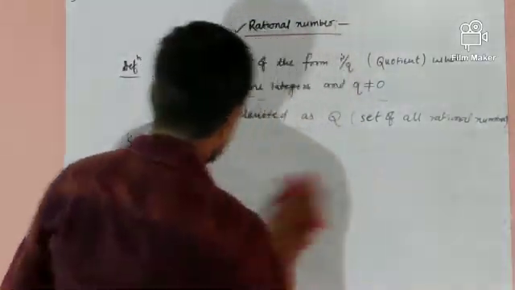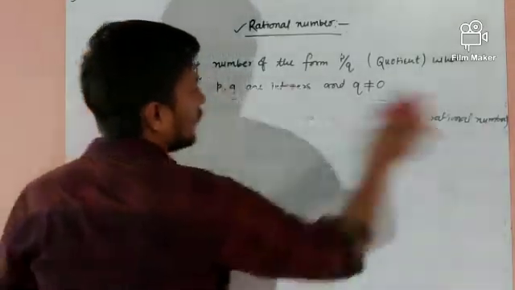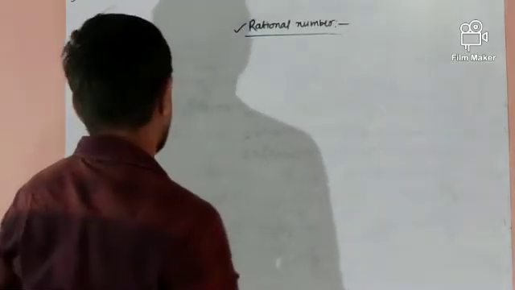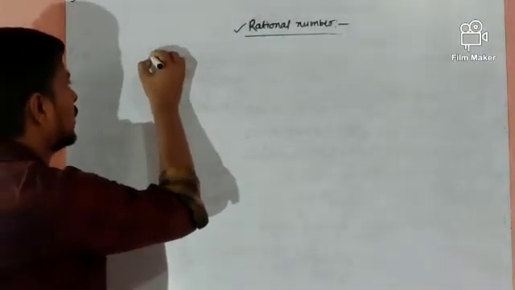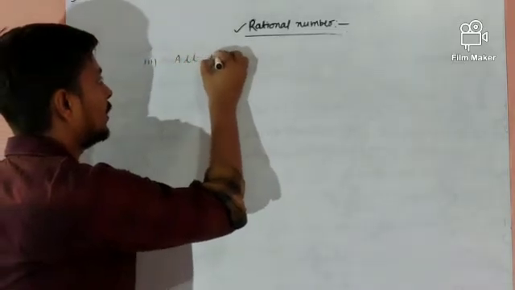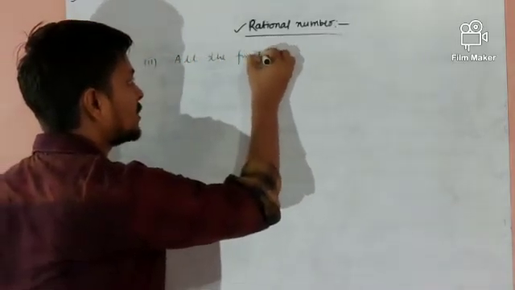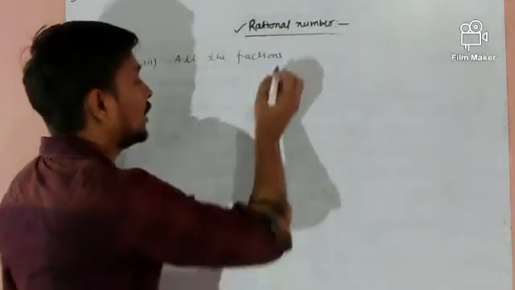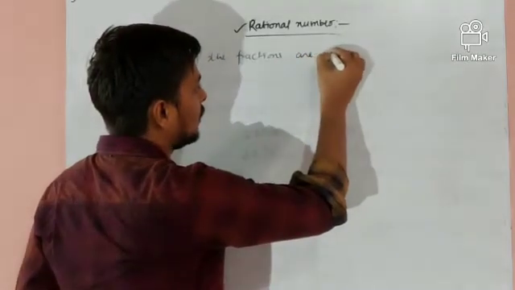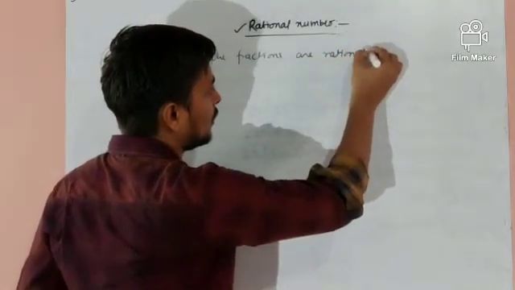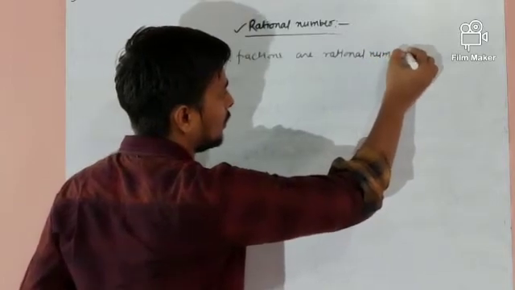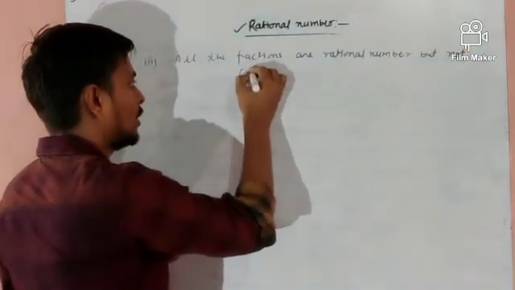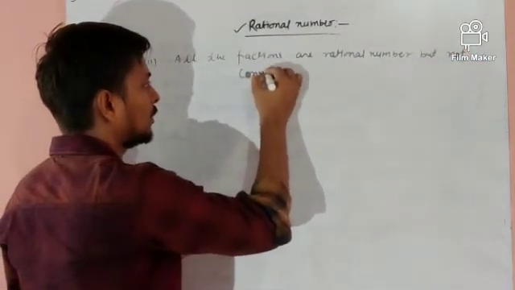So the last key point of the day is what? The last, third point, that all the fractions are rational numbers but not conversely.